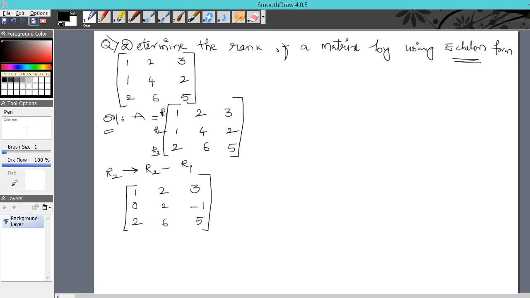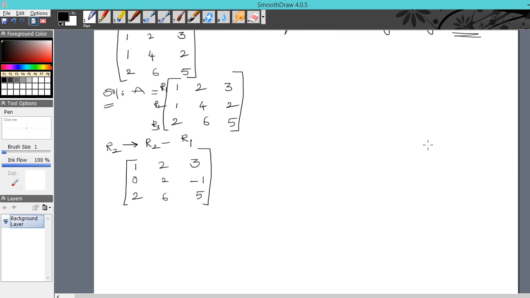Then make this 0. Here 1 is there, here 2 is there, and we use R1 here also. So I am doing the operation on R3: R3 tends to R3 minus 2R1, because 2 ones are 2.